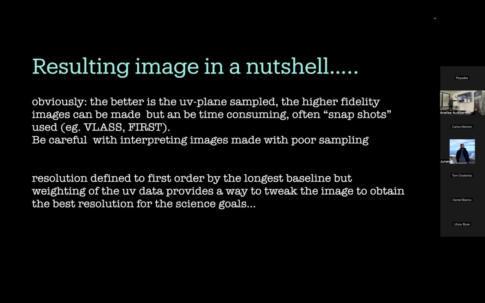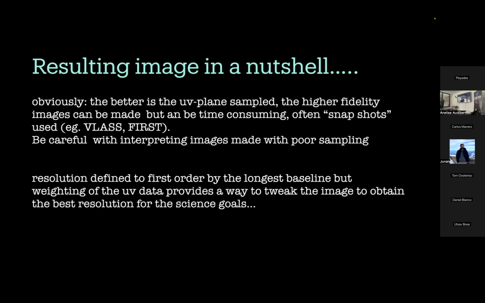One thing that I have not mentioned a lot is that the image in the end is just a sum of cosine waves in the image, each with a certain orientation and frequency. And they are weighted by the visibility. I can do another thing, which is that I can give, for example, more weight to the longer baselines than to the shorter, to stress resolution.